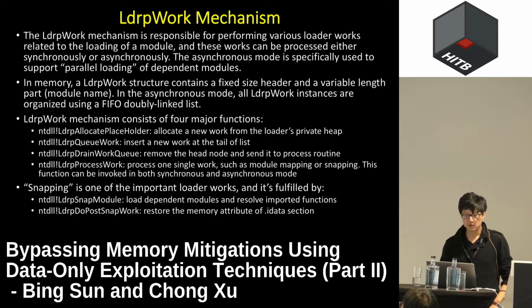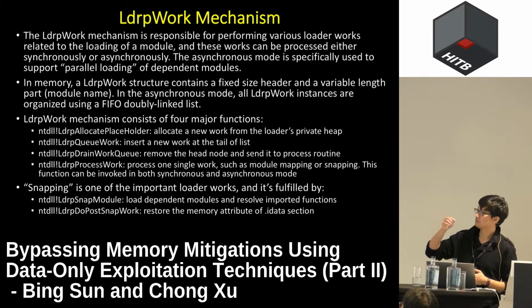LdrpWork is an internal mechanism of the OS module loader, and it is responsible for performing various loader-related tasks. And these works can be processed either synchronously or asynchronously. Asynchronous mode is specifically used to support the so-called parallel loading of the dependent modules.